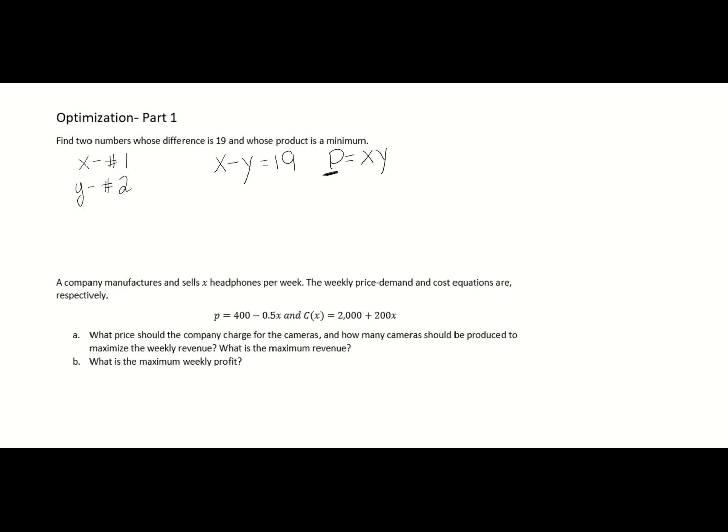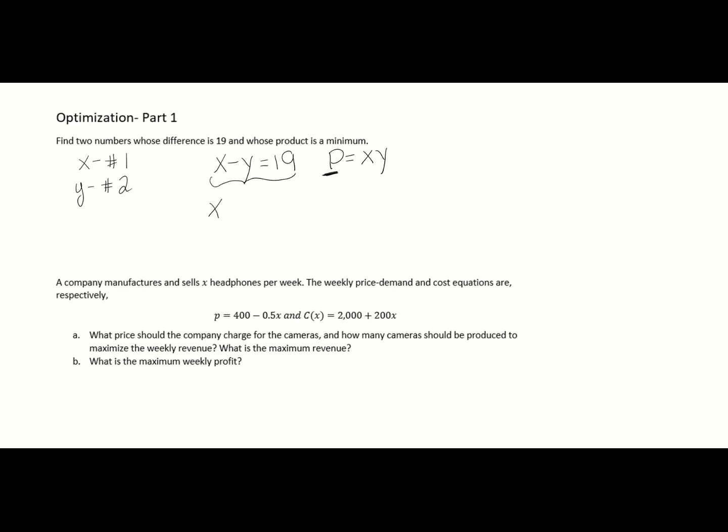But to minimize, I need to take the derivative and find the critical numbers, and so far I can't take the derivative of this because it's x and y. So I'm going to use this part to create a function of only x's or y's, and then plug it into the product. Either I can solve for y and plug it in, or I can solve for x.